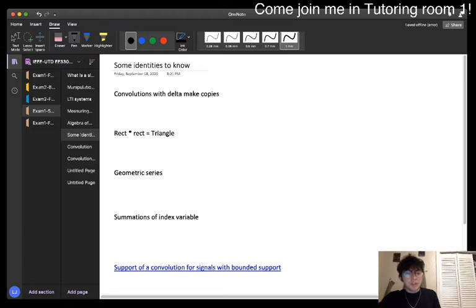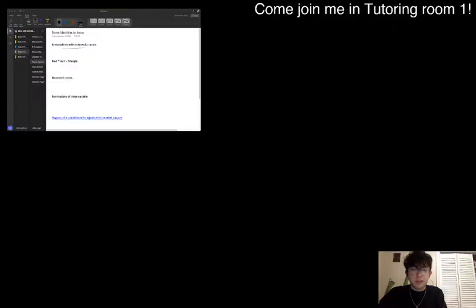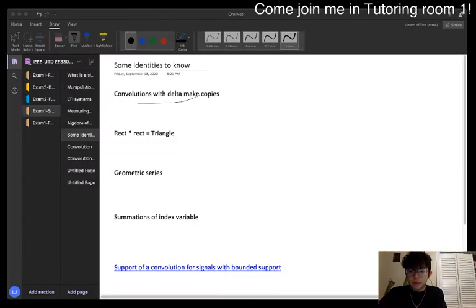Like I said before, convolutions with deltas make copies. So I have a demo to show you all real quick. In case it wasn't clear that we're going to be making copies of signals, this is something that I have here.